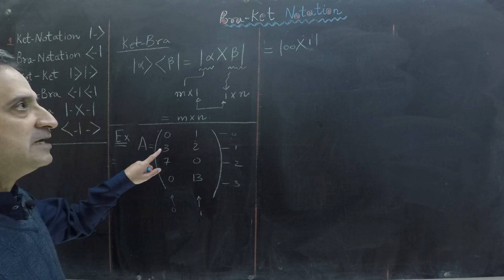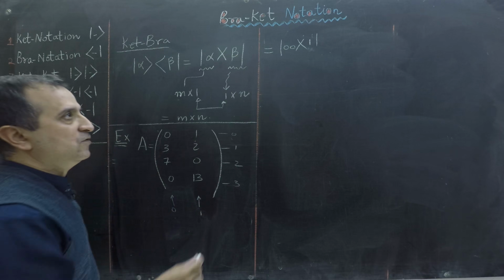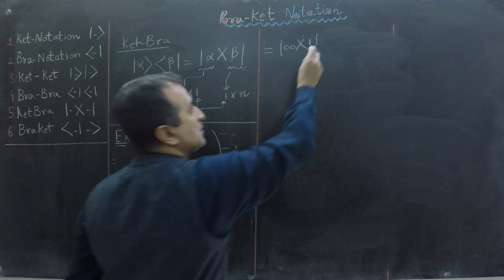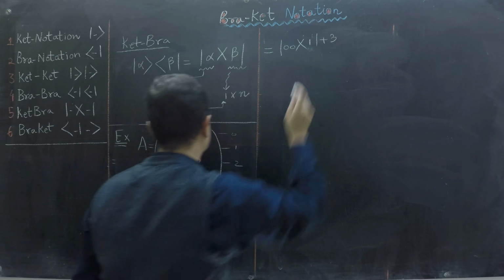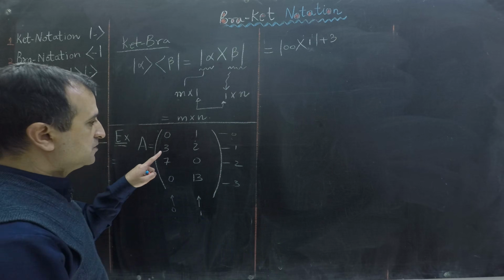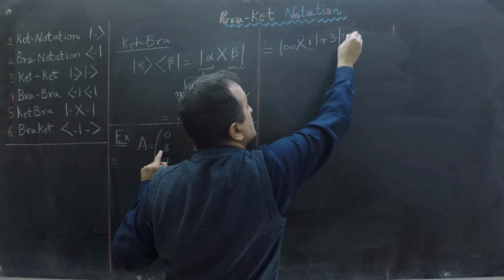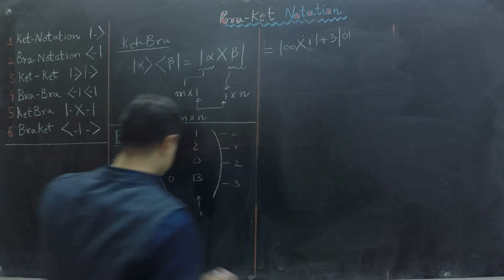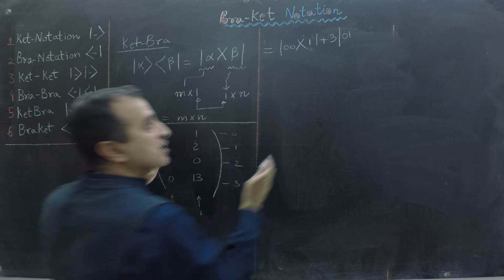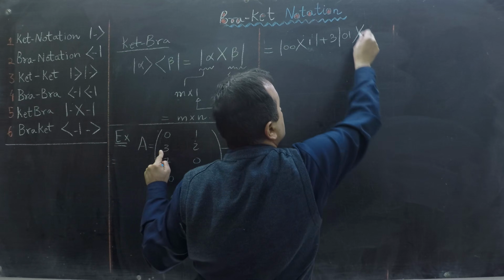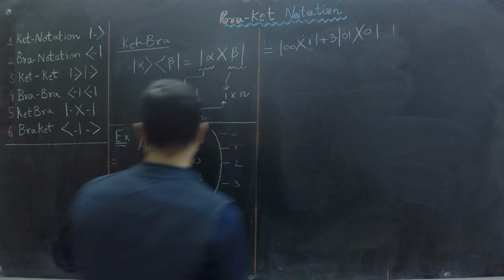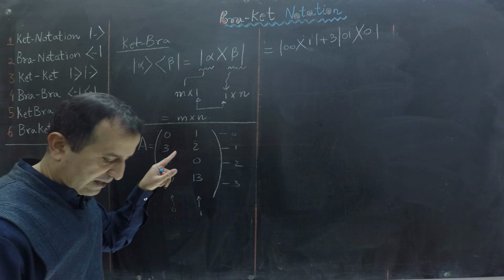So I will write here 1 because my entry was at the first column. Now I express the next entry. For that I write plus 3, and this 3 is on the first row, so I write 0, 1 here, and this 3 is on the 0th column, so I write 0 here. Then I have to express iota.